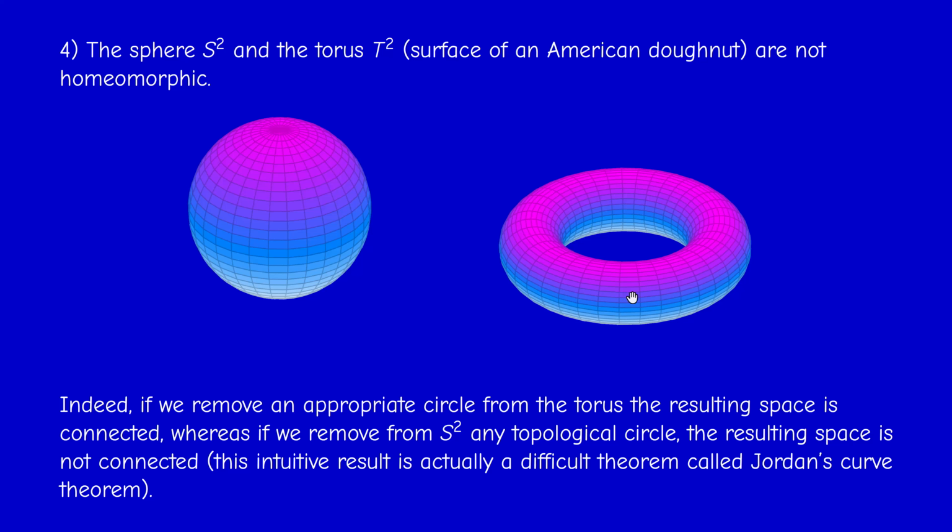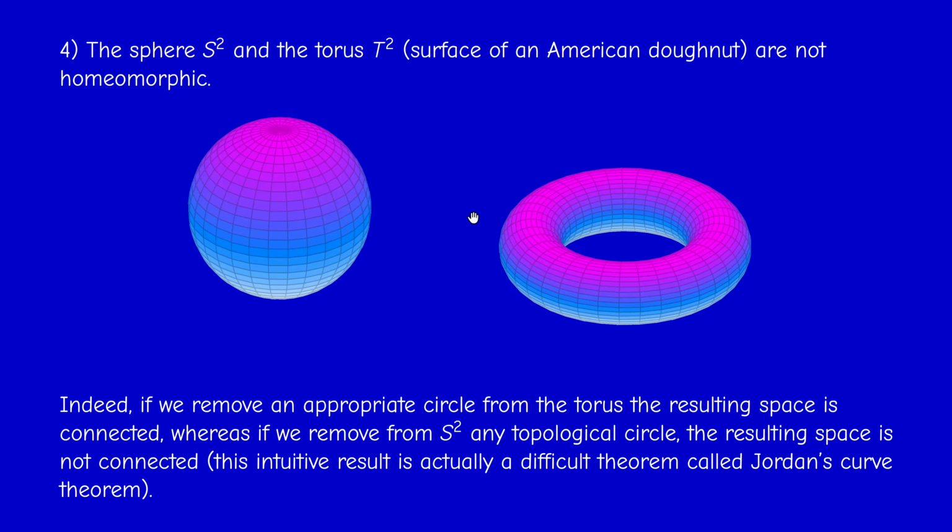If we remove the meridional circle from the torus, like you cut a cake or a donut, what is the resulting space? The resulting space is still connected. Whereas if you cut the sphere around a circle, any circle actually, intuitively at least, this circle will cut the sphere into two connected components.